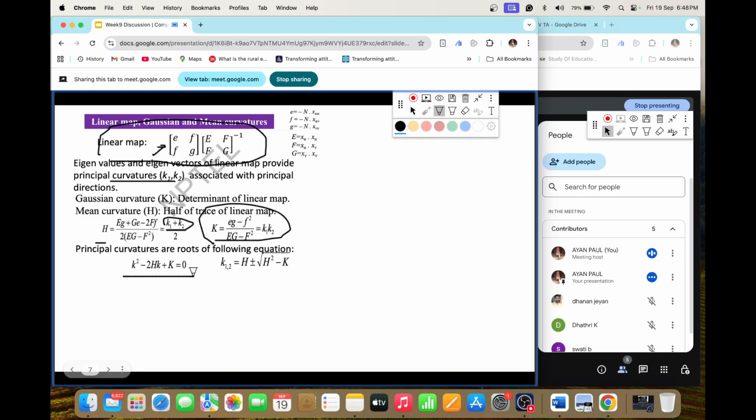And this is nothing but the eigenvalue equation: k square minus 2hk plus K. And 2h is nothing but this thing, that is 2 into the mean curvature, and K is nothing but the Gaussian curvature. So by this also we can express it.